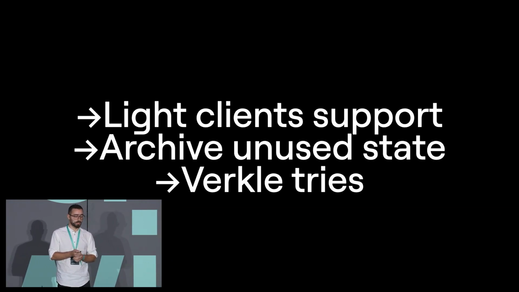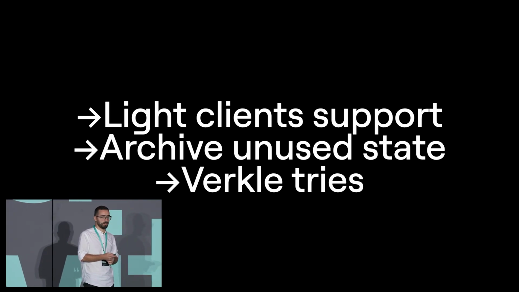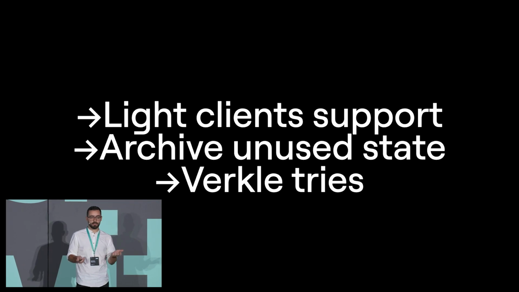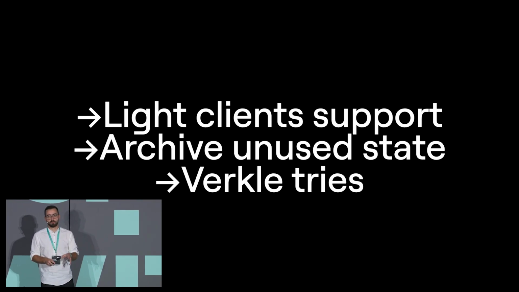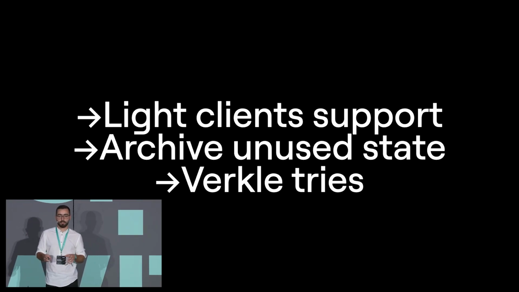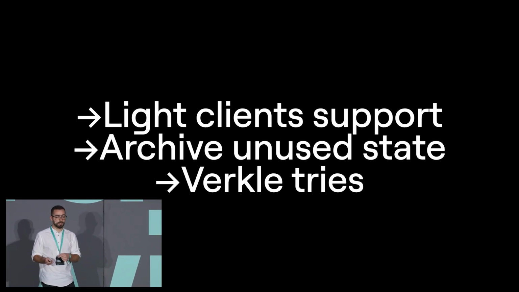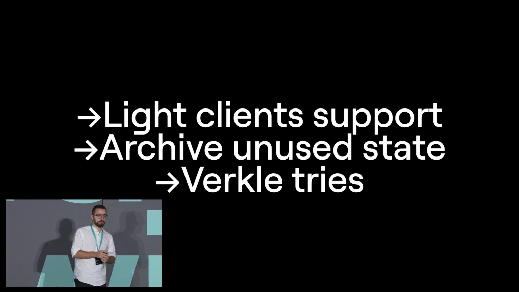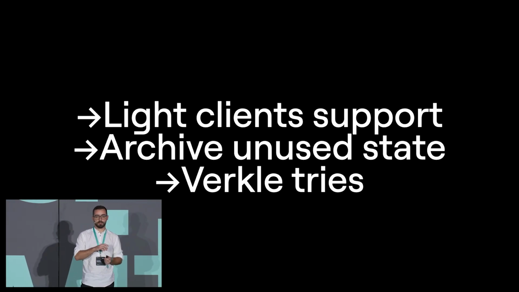Another feature we are working on: archive unused state. So if you deploy a smart contract in Epoch 2, for example, and you didn't use it since then, because of the snapshot, that smart contract code will be copied to Epoch 3, to Epoch 4, to Epoch 5, and so on. But if the smart contract is not used, you can archive it, and that means that the smart contract code will be moved from that storage to a static storage.